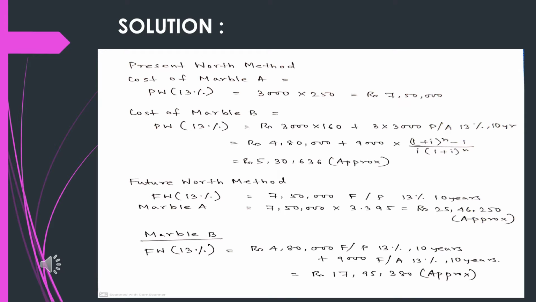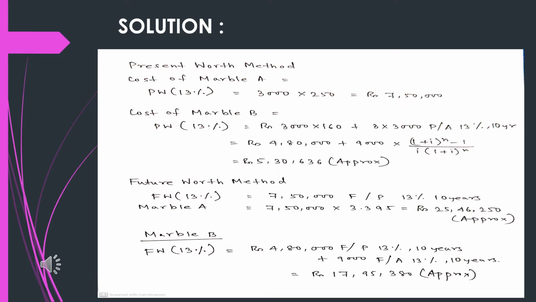For this sum, we have taken both the present worth as well as the future worth method so that we can understand that the result should not vary if we calculate the sum in a correct way. So let us call the marbles marble A and marble B.